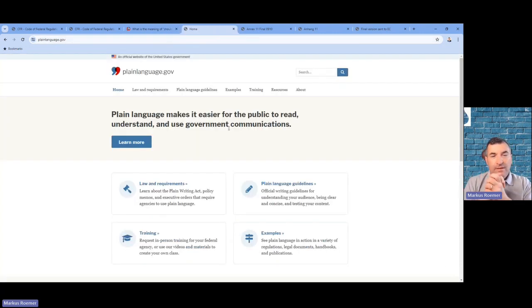An additional hint might be an official website of the United States, called plainlanguage.gov. Gov stands for government. That's the domain abbreviation for governmental websites. I think that's also very interesting. Also, if you, for example, write SOPs, you should have very clear language in them.